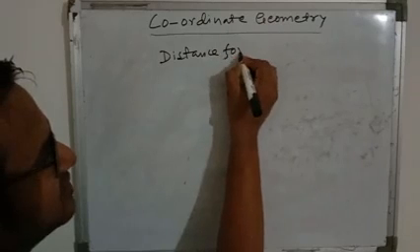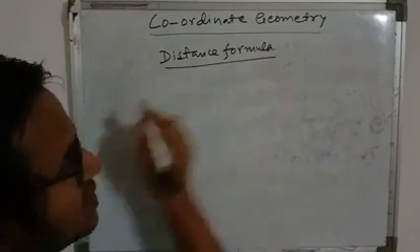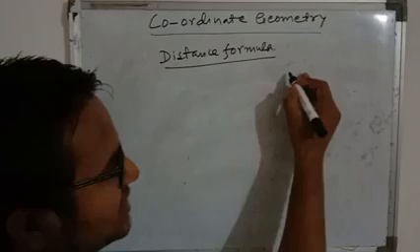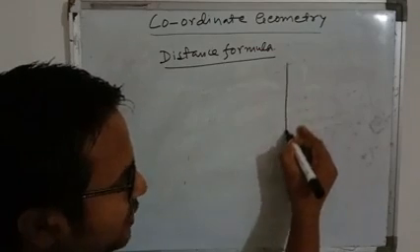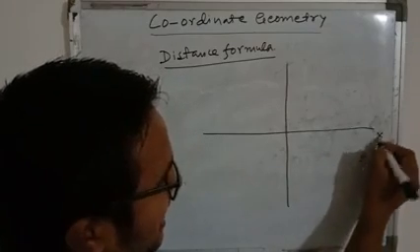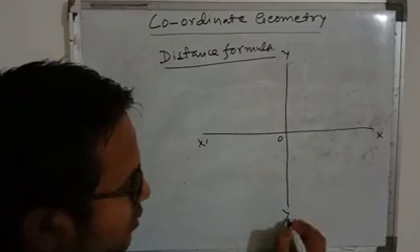Distance formula means, suppose, I am explaining this by taking the coordinate axes. This is X dash, X, origin O, Y, Y dash.